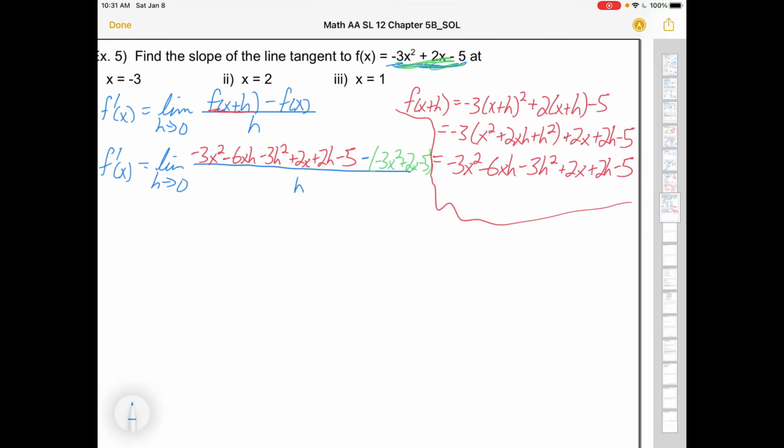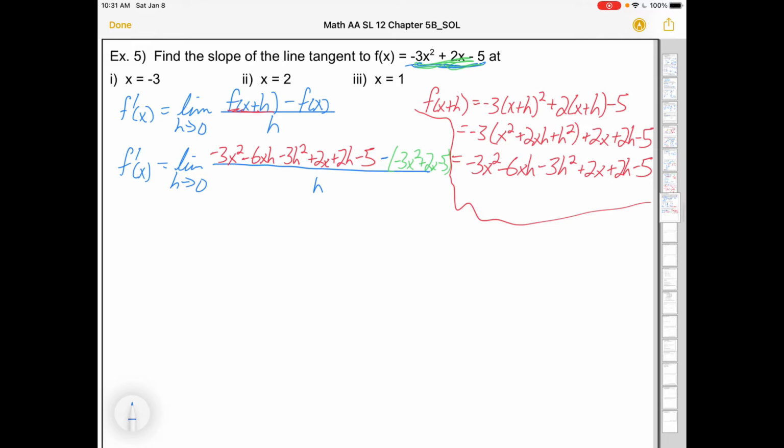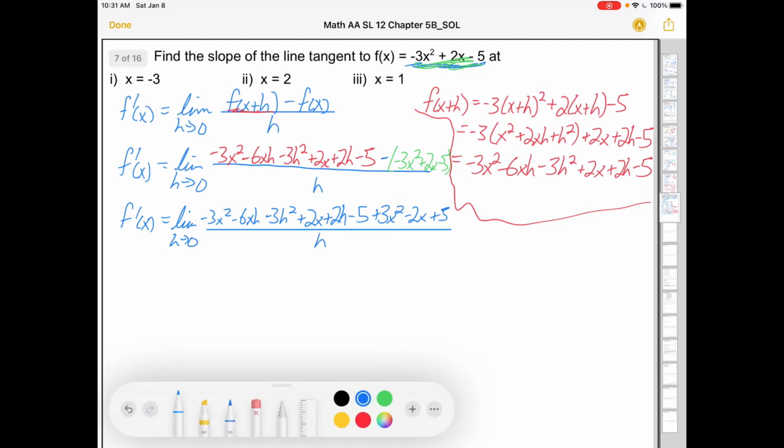And I'll go through the process here of showing each little bit, but you might already see things that cancel out. So if I do this by expanding that bracket, we can see that there are some terms that cancel out.